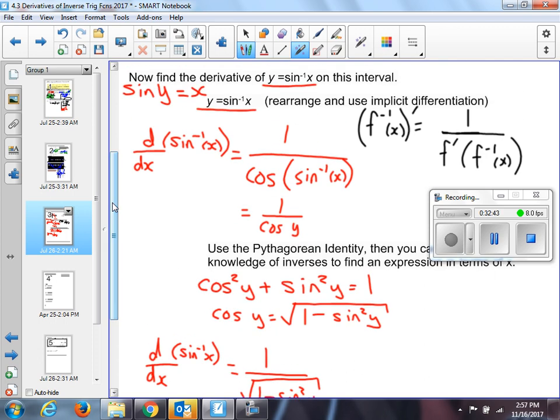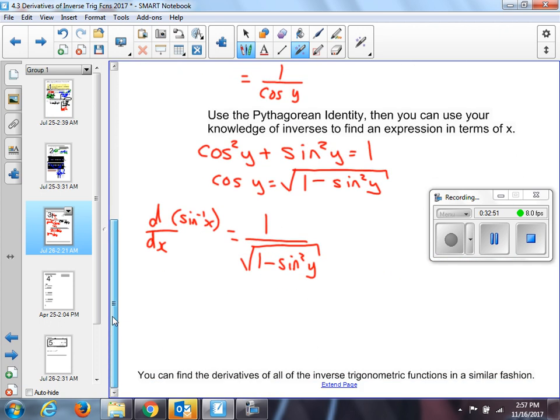Remember how right off the bat I said, sine of y, what's that equal to? It's equal to the x. So this is 1 minus x squared. So this comes out to be the square root of 1 minus x squared.